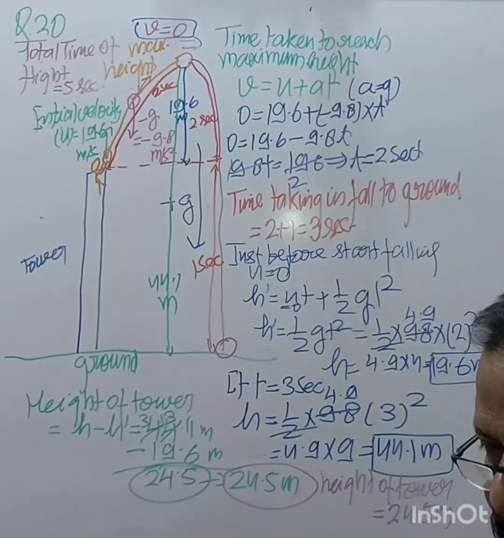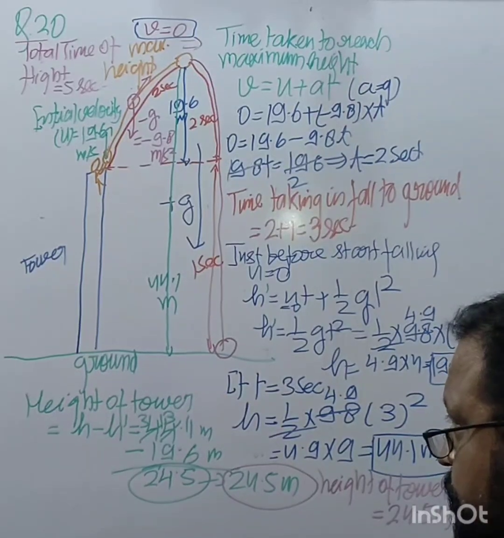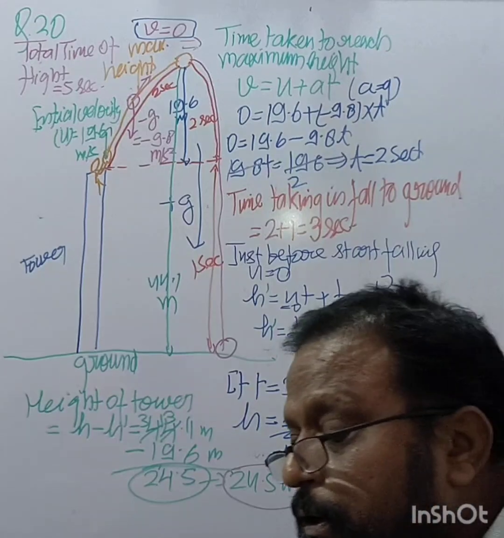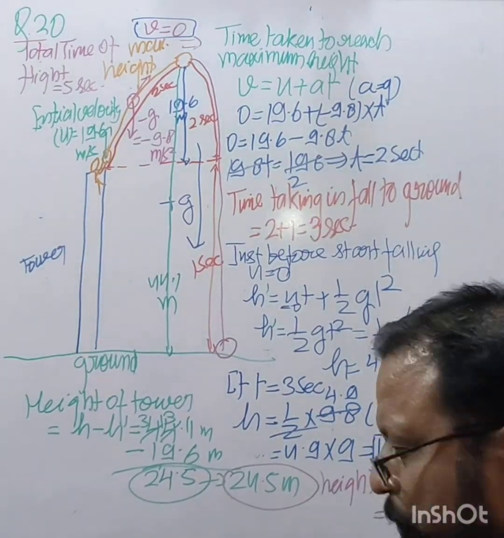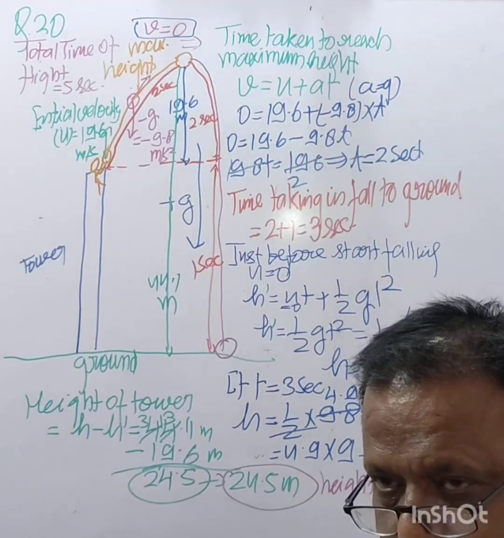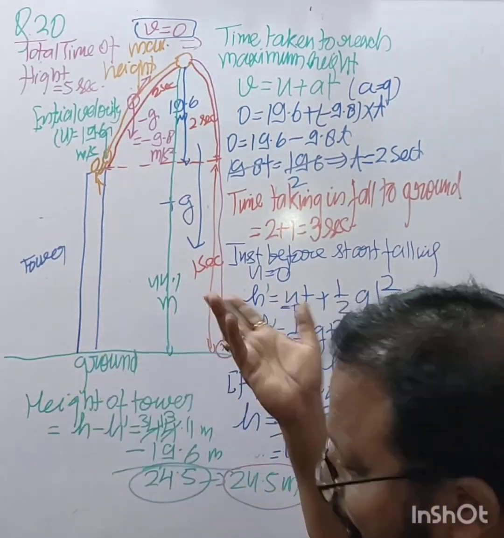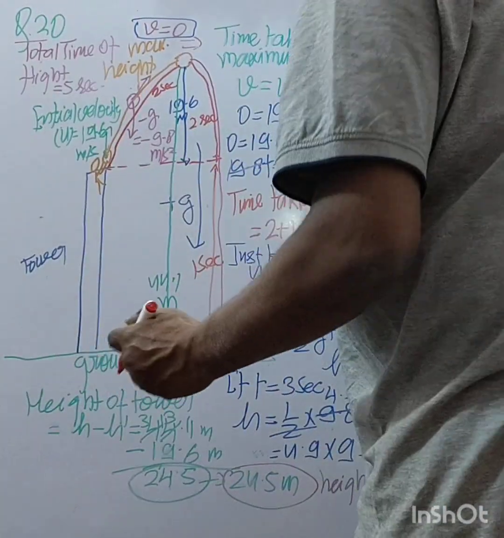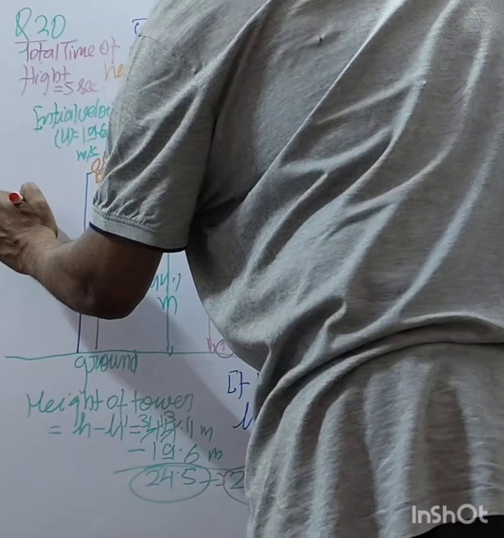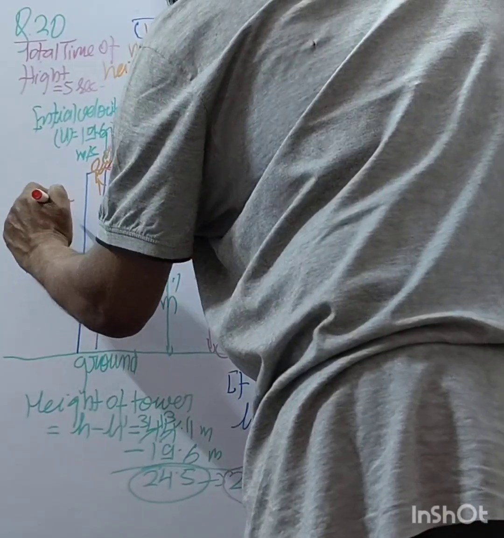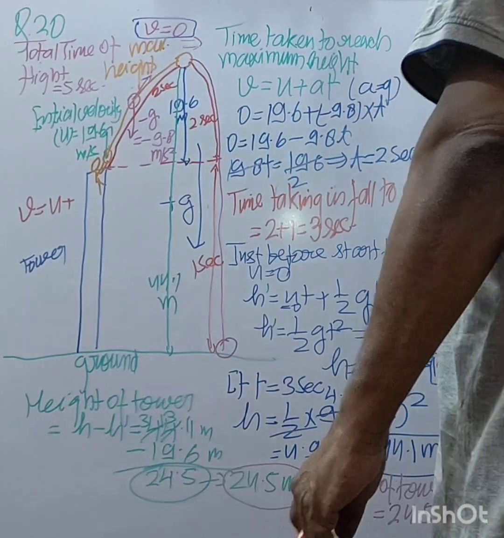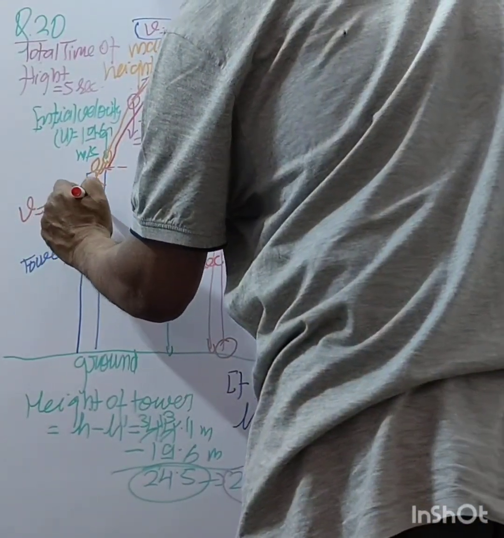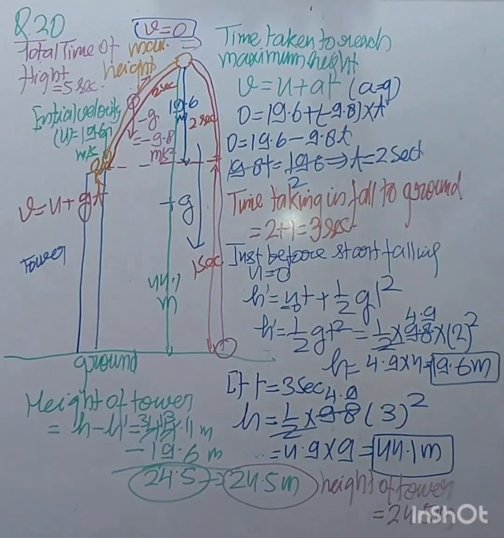Now, what is it asking? The velocity of the ball on reaching the ground. Take g equal to 9.8 meter per second square. We have done that everywhere. So if we take v is equal to u plus gt, right?